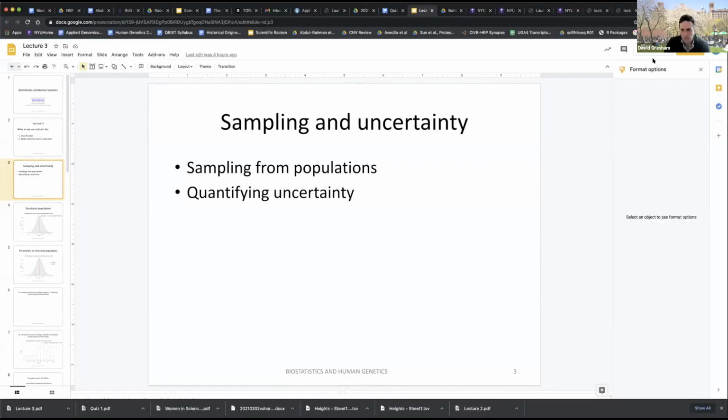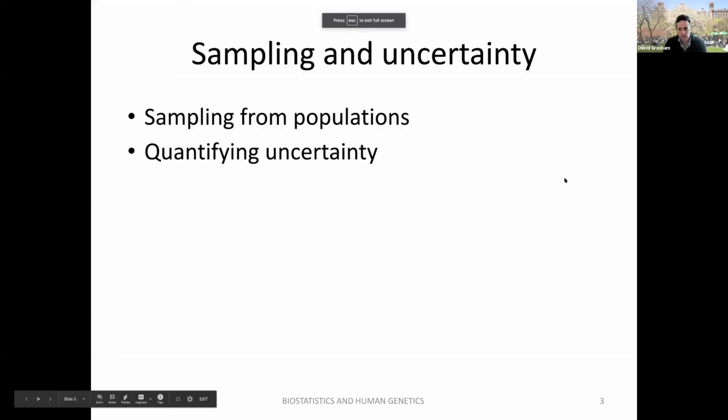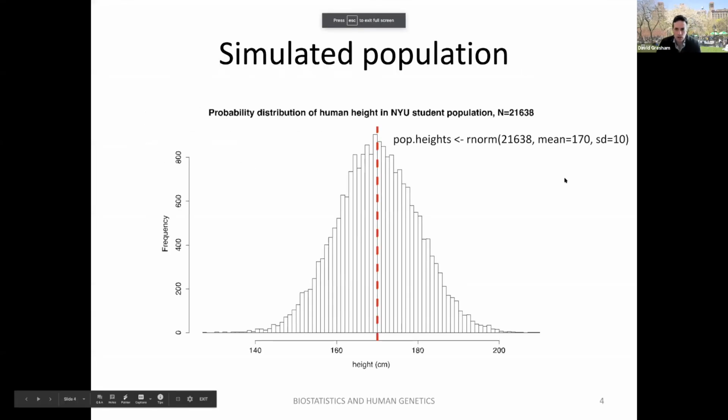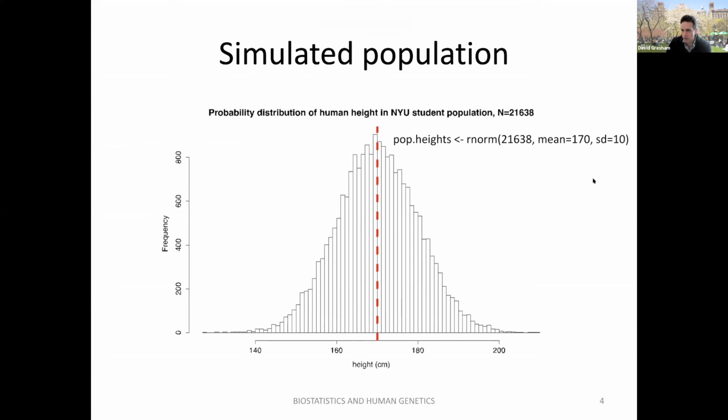All right, so here I'm going to simulate this in R, and I've put the R code up here so you can see how I've done this. Okay, so I'm going to make a population of 21,638 individuals in my computer. To do that, all I'm going to do is use a function called random normal.